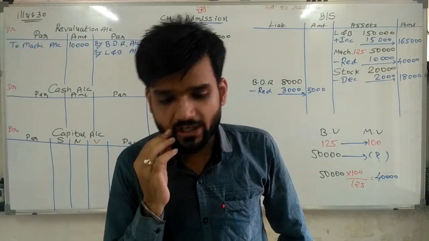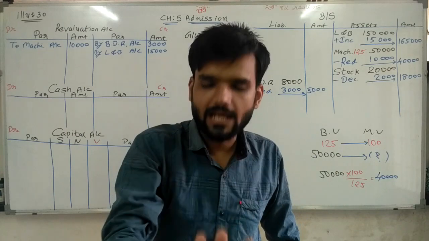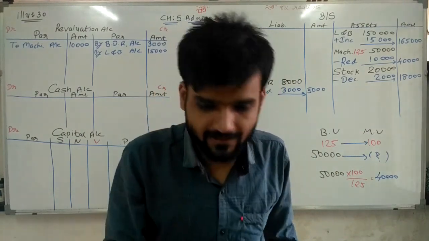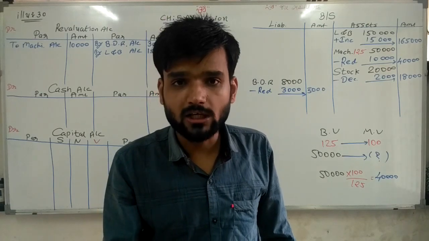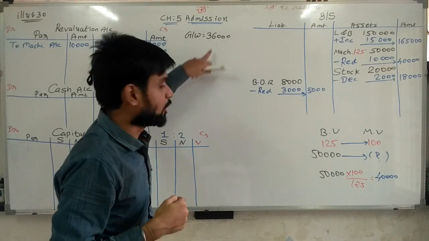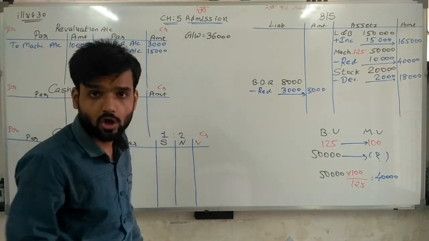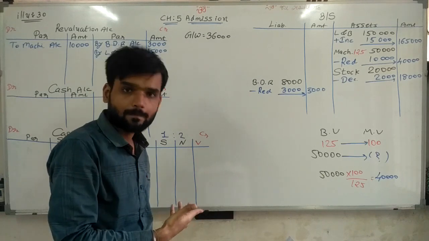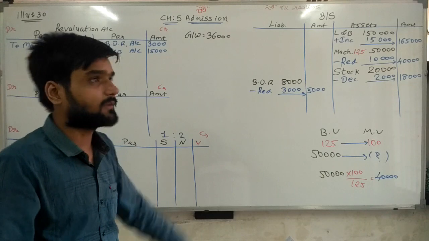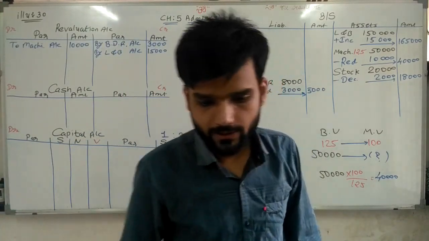Now 50% of net asset means what, sir? What is meant by net asset? That we will see later. Don't worry. Next thing, goodwill value is also brought in cash. But we don't know the portion of V. We don't know what is the new ratio of the firm. That's why we cannot calculate goodwill also. So both things we are doing later.